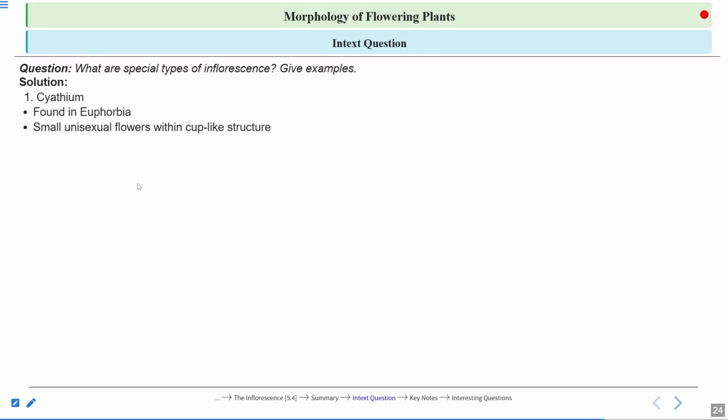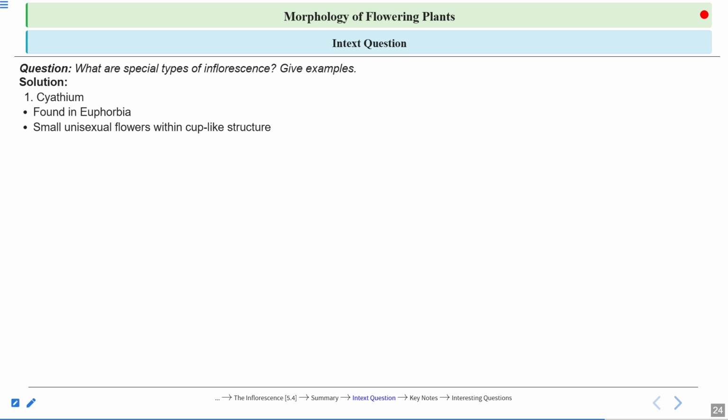So first is the Cyathium. Now what is Cyathium? First of all, it is found in Euphorbia. And in Cyathium, small unisexual flowers are present within a cup-like structure. This is known as Cyathium.